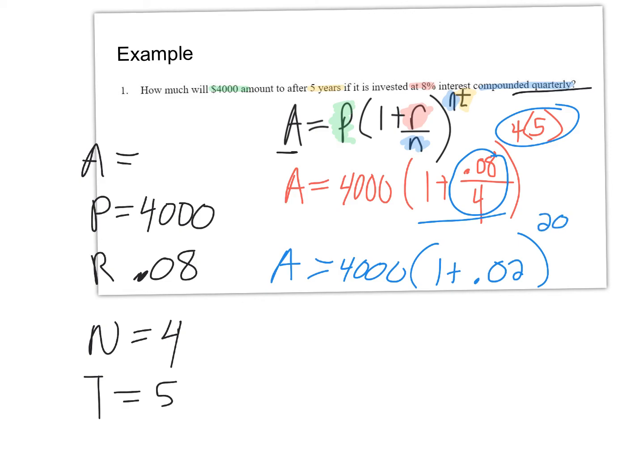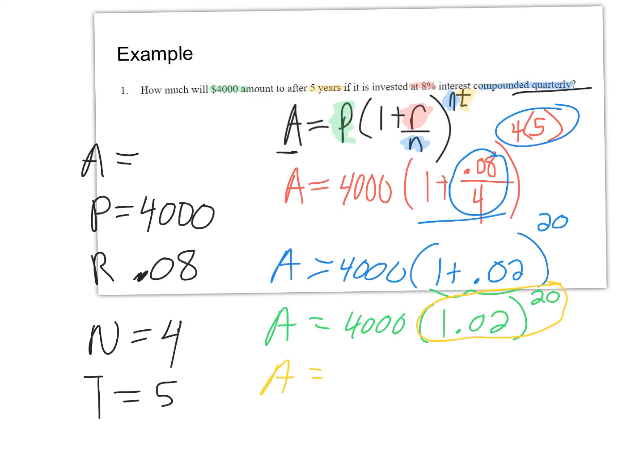Now A equals 4,000, and I'm going to put this together. I'm going to get 1.02 raised to the 20th power.